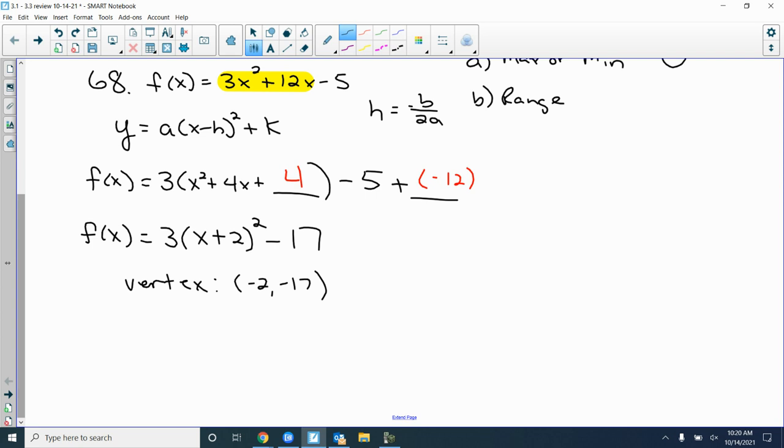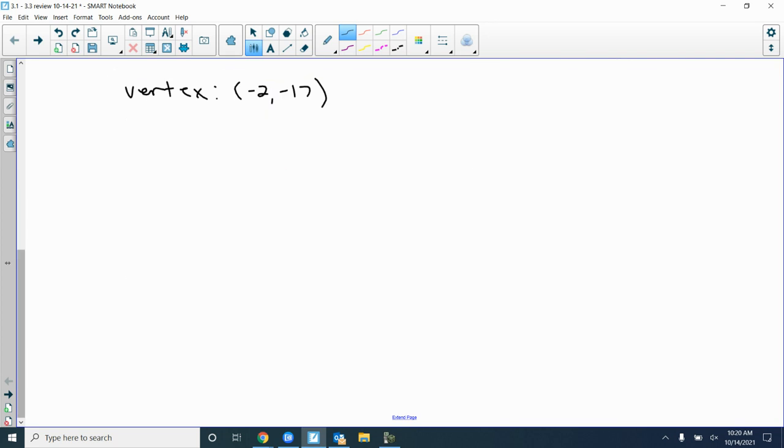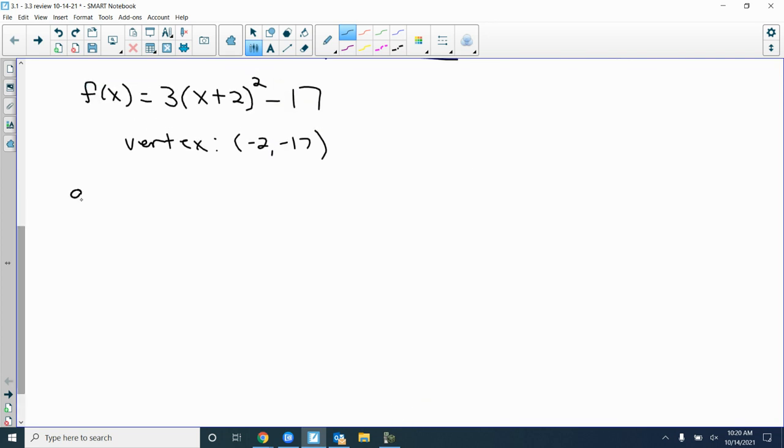Well, what's my max or min, Matthew? Well, the minimum would be negative 17. Good. Your minimum is the y value. So our minimum is negative 17. And now you can say at x equals negative 2, but that's not necessary. Just your minimum is negative 17.